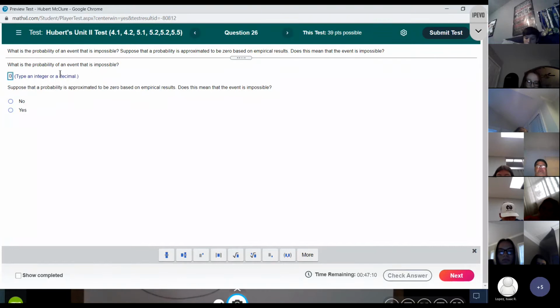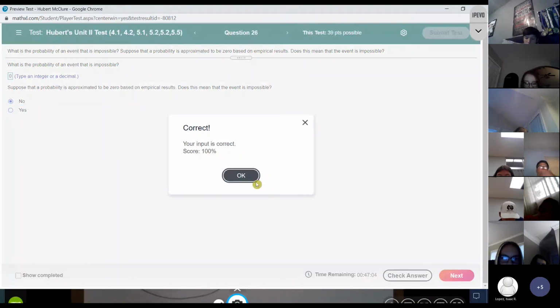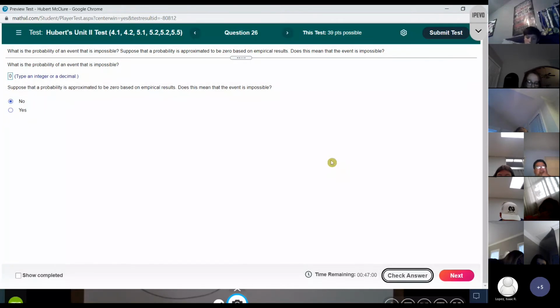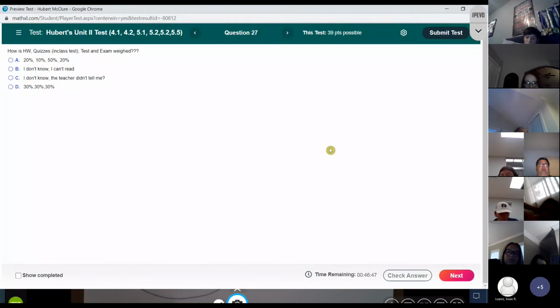No. Impossible is a word I would never use in probability and statistics. I would never use the word perfect. I would never use the word exact. And it's the only one that equals 100.